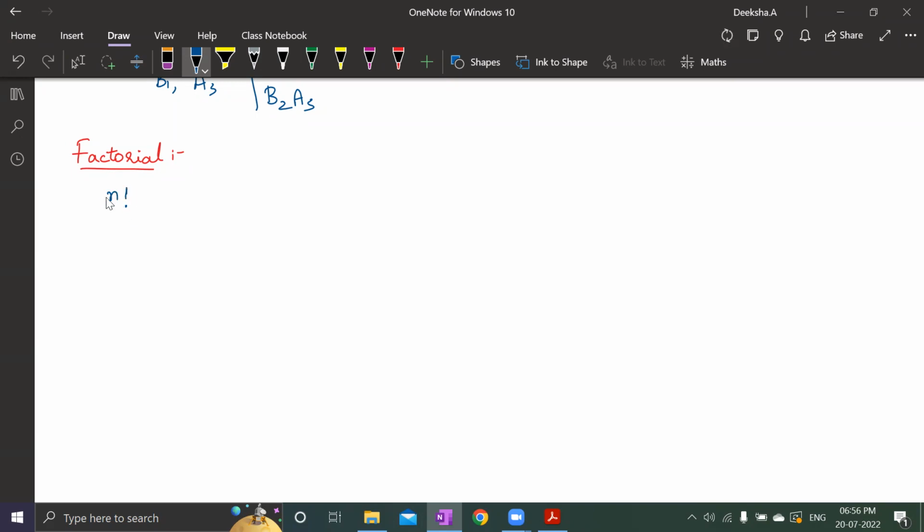Okay, so here factorial of a number, we write it as n factorial. Multiplication of all numbers from that number to 1, not just less than that; the number also you have to take. So n factorial is n into n minus 1, and you keep multiplying numbers less than that until 1.